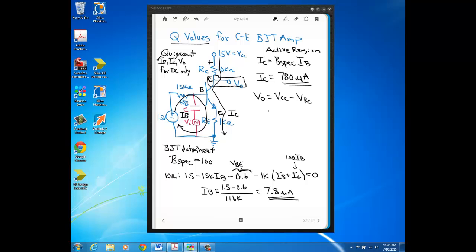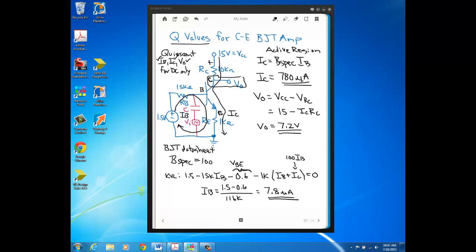This is just going to be 15 minus IC times RC, where IC is right here and RC is 10K. So you plug in the numbers and it comes out that V0 is 7.2 volts. So that's our third Q value.